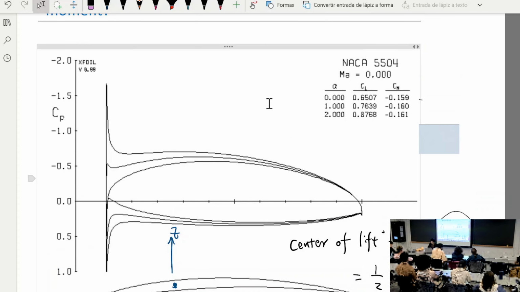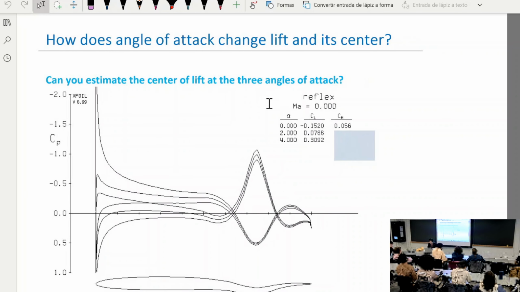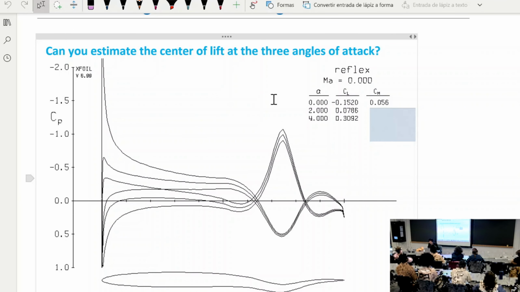Okay, so today, there's another one. Can you estimate the center of lift at 3 degrees angle of attack? Basically, I gave you the CL and CM at 0 degrees angle of attack. I think this is a very similar question to what we went through in class, right?